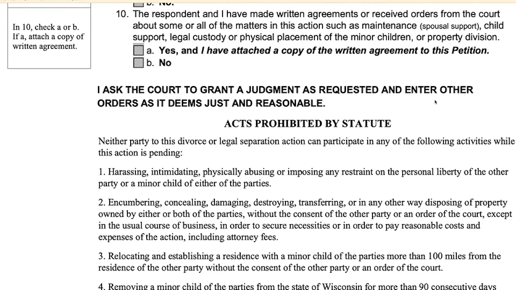So if there are some, even if they're just temporary custody agreements, or you and your spouse have talked about a division of assets or custody and visitation of the minor children, things like that, even if it's informal, go ahead and attach a copy to the petition if you have one. If you don't, that's okay. It's not required that you have one. But if you have any kind of agreement or temporary idea on what you want to do for basically splitting everything, attach it to the petition.